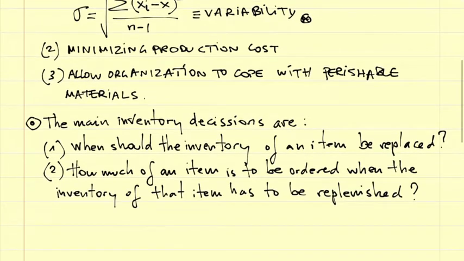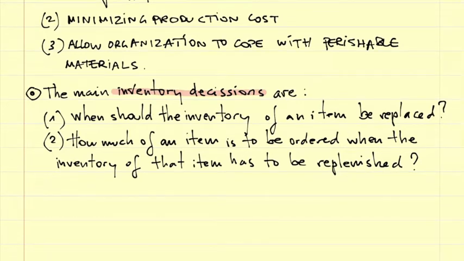Okay, so those are the two main inventory decisions that management or supply chain managers make. So, any questions so far?